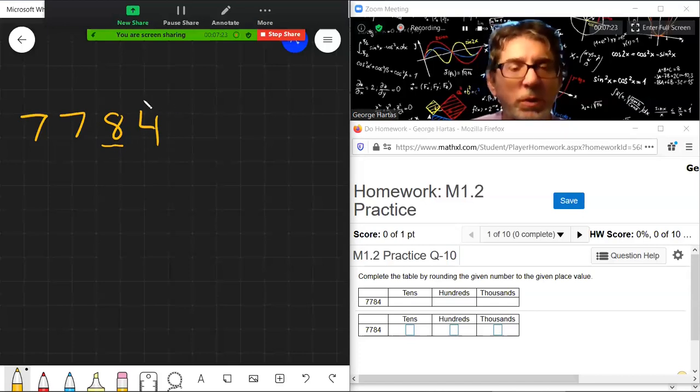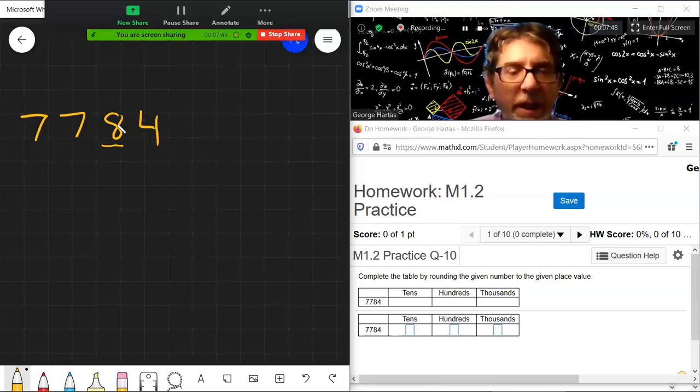However, if this number to the right of the underline is 4 or less than 4, we keep the 8 just the way it is. Since this number is 4, we keep the 8.